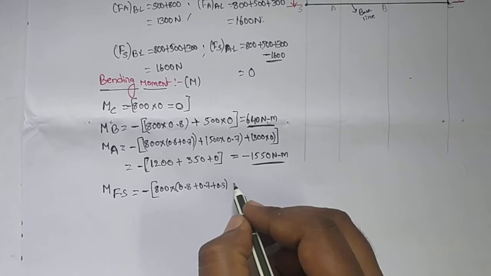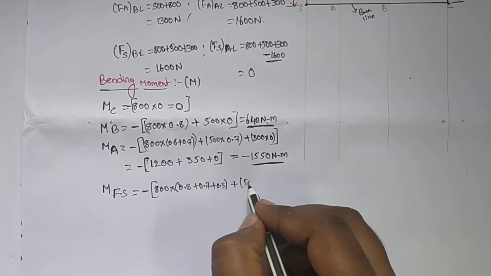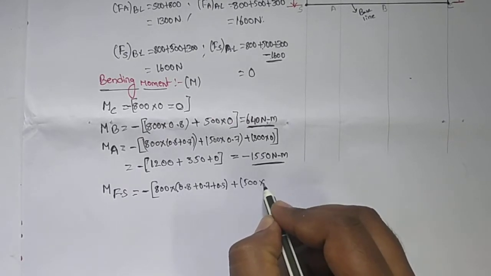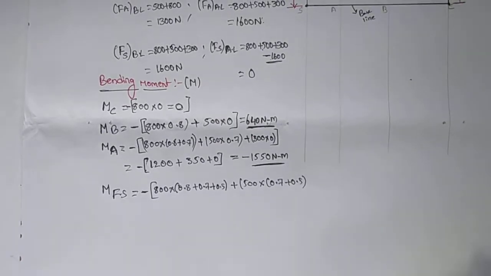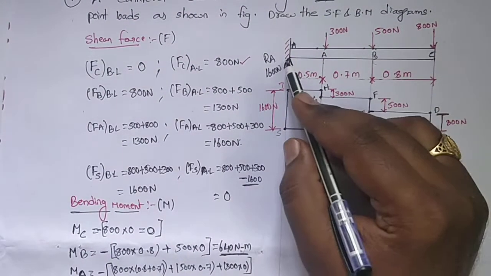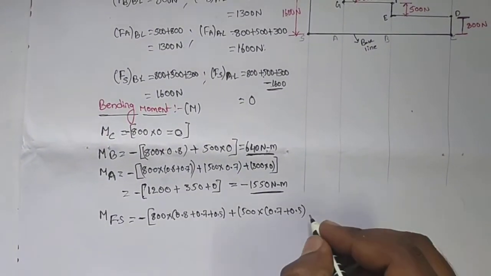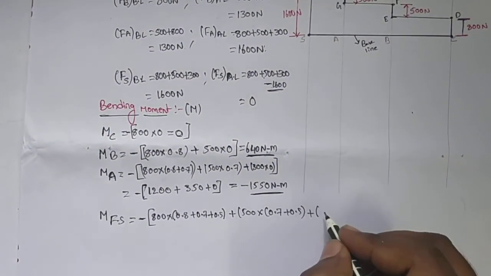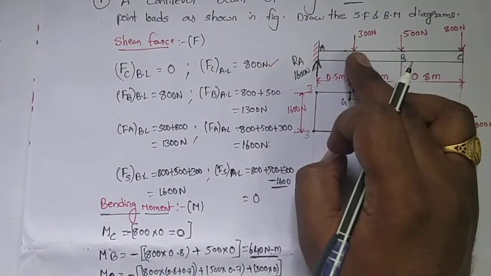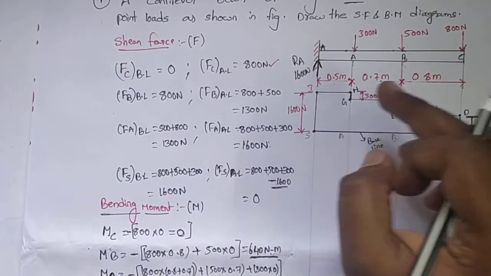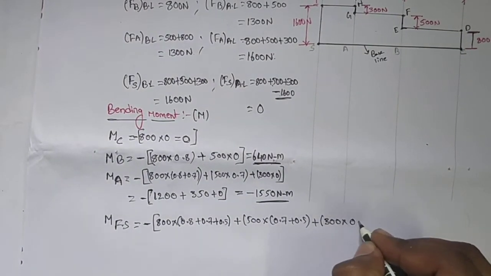Next, the second load is 500. The distance from point B to fixed support is 0.7 plus 0.5. Similarly, the third load acting is 300, and distance from load to fixed support is 0.5 meters.